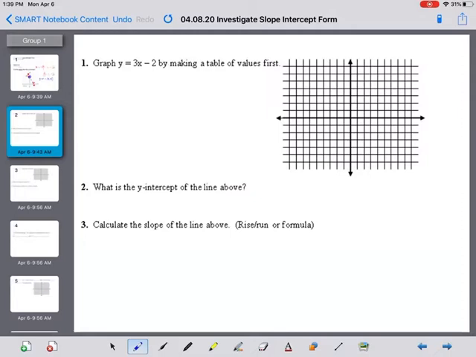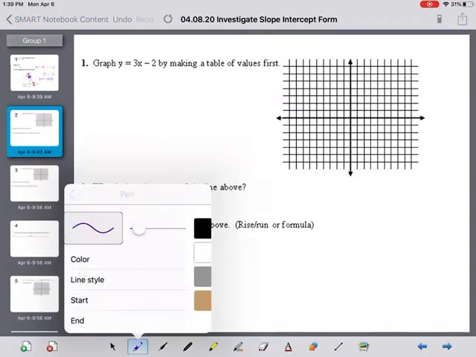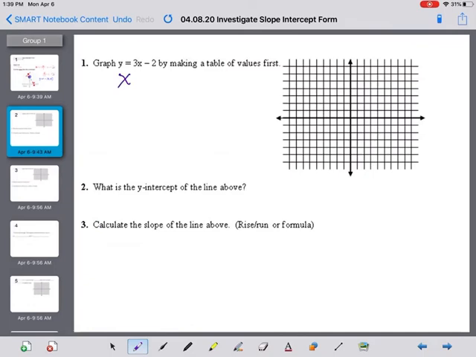So let's go to the investigation, which you should have completed. If you didn't, complete it now. All right, so we graph y equals 3x minus 2 by making a table of values first. So here's our table. And then we'll pick easy numbers like -1, 0, 1, and 2.